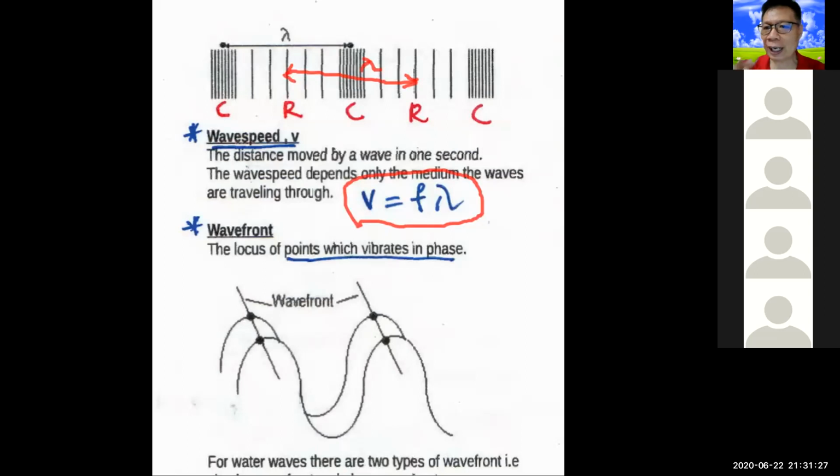Okay, second fastest in where? Liquid. Okay, solid first, the second one is a liquid.